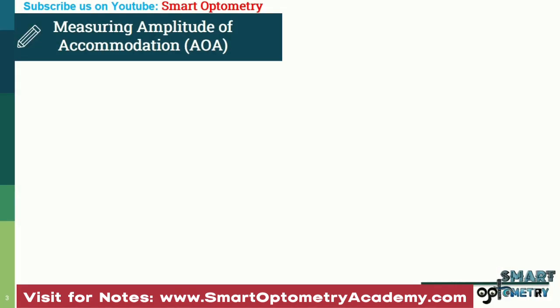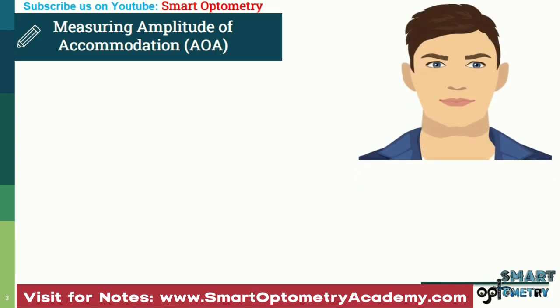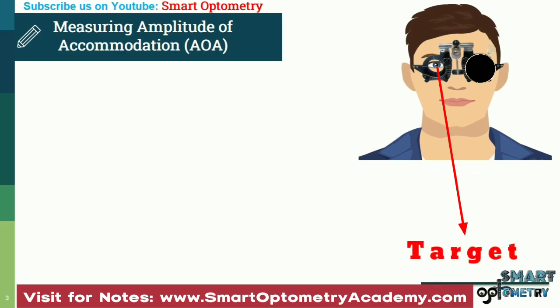Measuring amplitude of accommodation. Procedure: request the patient to sit comfortably. Ask the patient to wear the spectacle or other optical correction and occlude the left eye. The patient's attention is directed towards the best corrected near visual acuity target at a 40 cm testing distance.